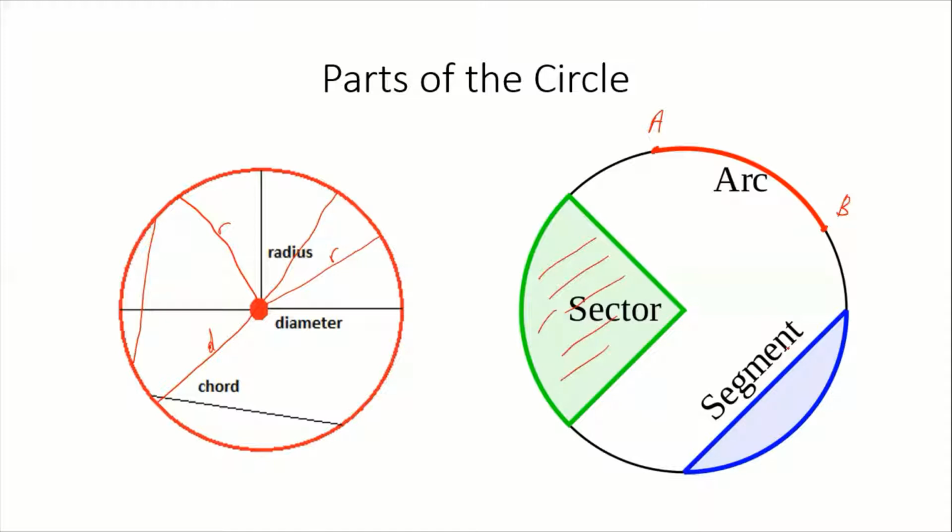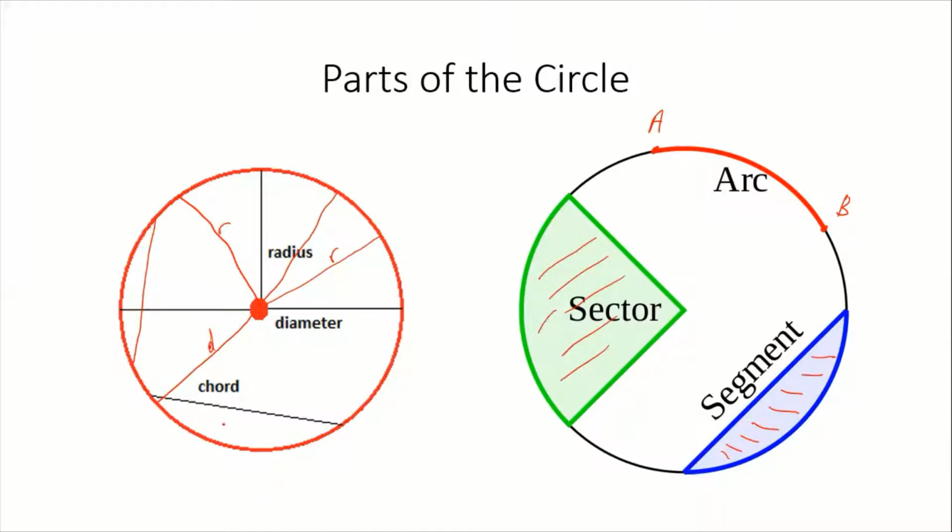Now the segment is the area between a chord and the circumference of a circle. So this area inside between the chord and the circumference is considered to be the segment.